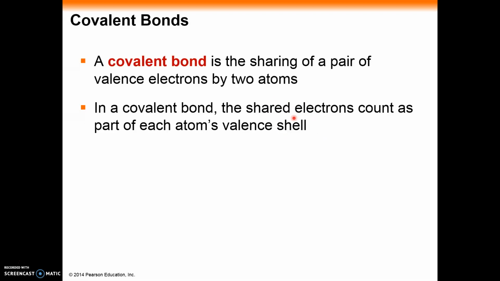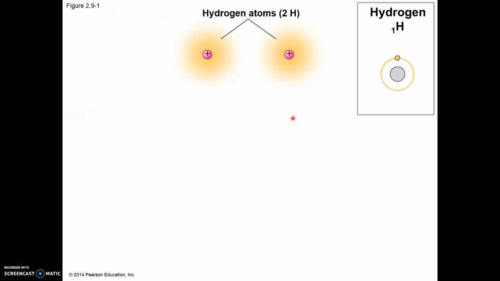Okay. So let's start off looking at something very simple. So we'll start off with the most simple element, hydrogen, which has one proton, one electron. Okay, this is the 1s orbital, and it can only hold two electrons. Okay, so if each of them just needs one, a way of accomplishing this is for them to share both the electrons.